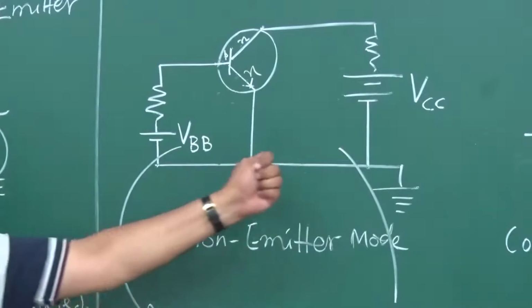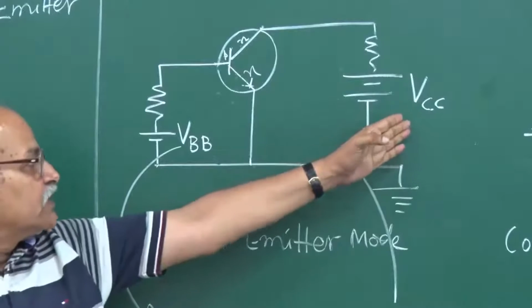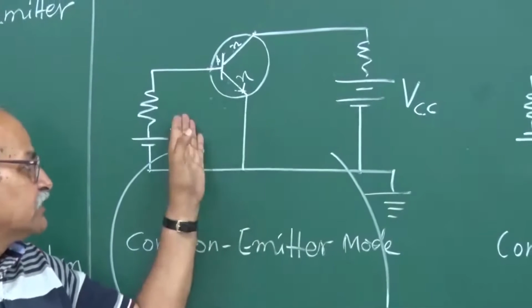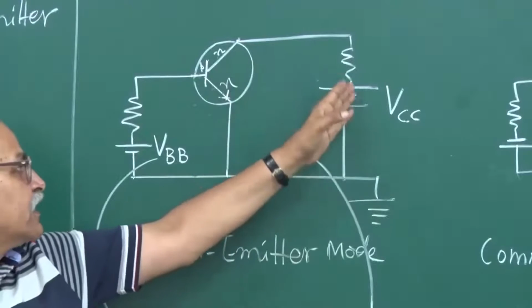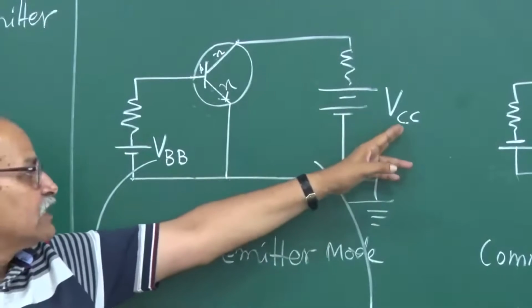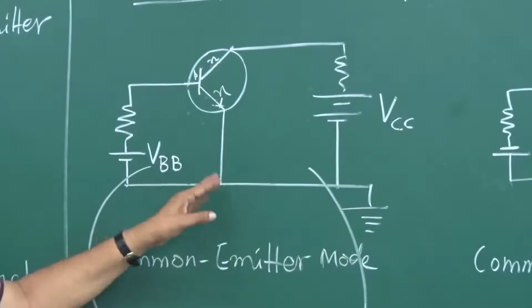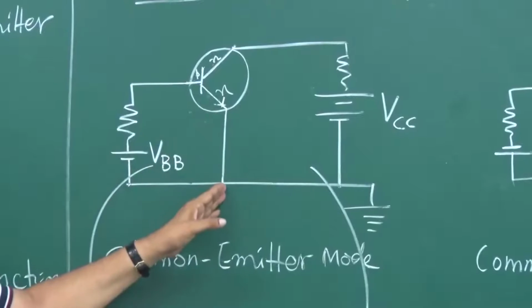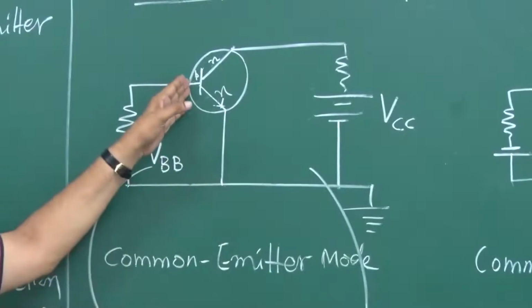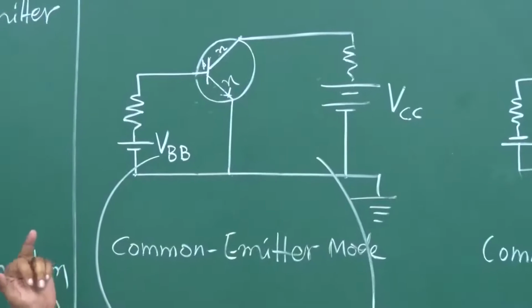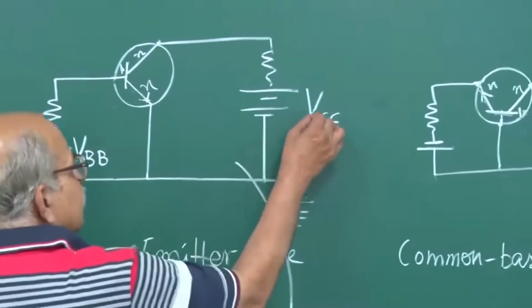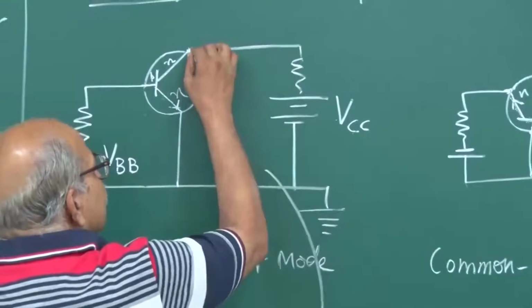Why VBB and why VCC? The emitter is common to both, so the emitter is not mentioned in this nomenclature, and this side is connected to the collector, so it is CC. And on this side, once again the emitter is not mentioned, and it is connected to the base, so it is VBB. And with a single C you can write VC, that is the potential of this collector.